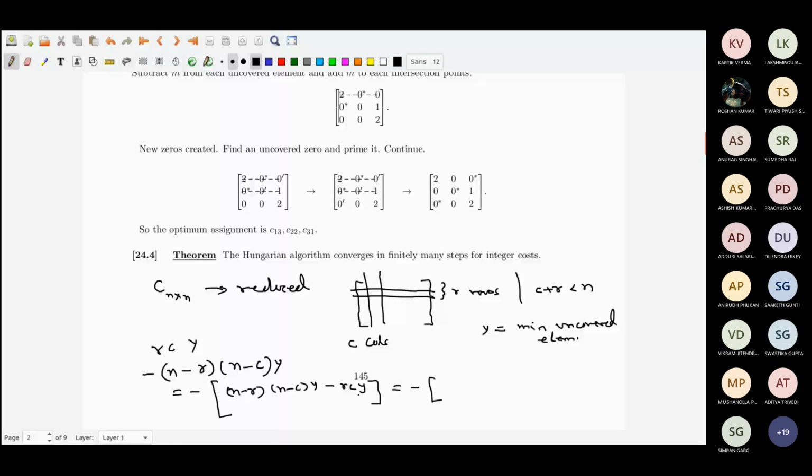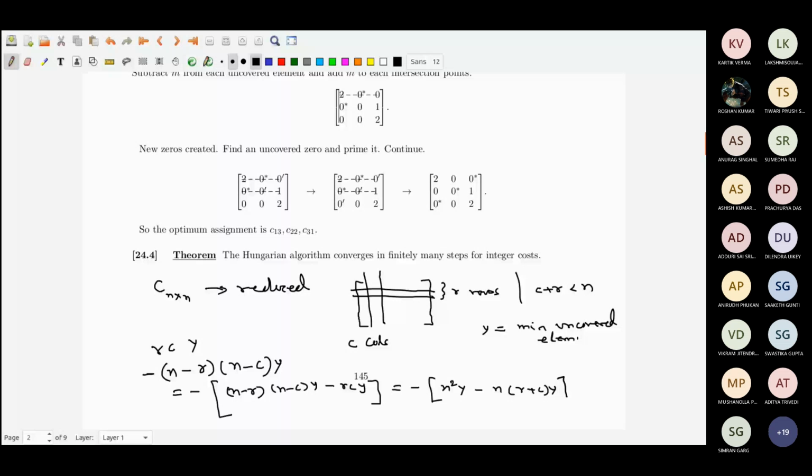What you have is n square y, and then minus n into r plus c, y, which is equal to minus n taken outside.